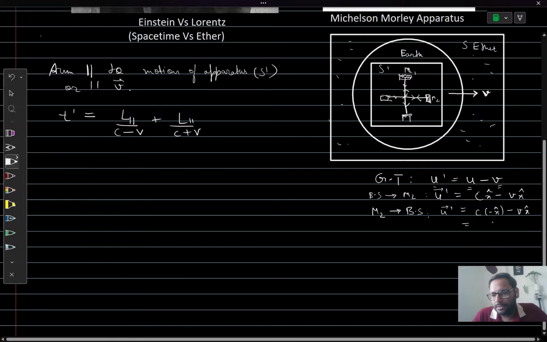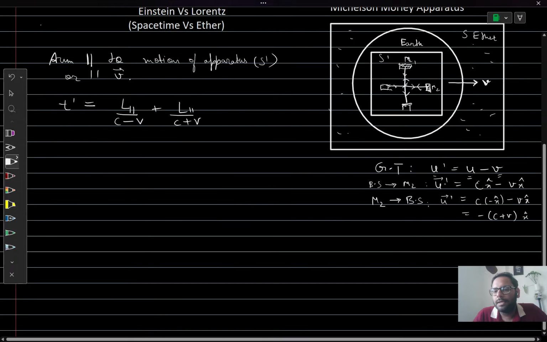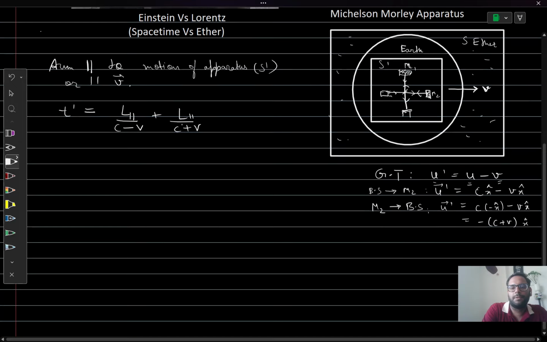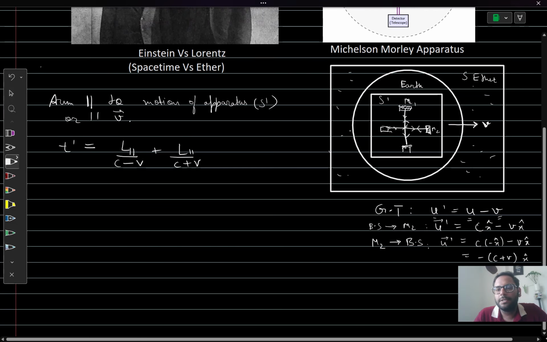So in this case you have C plus V in x cap, and in the other case C minus V in x cap. When you calculate the magnitude, you will find the first velocity is C minus V and the second velocity is C plus V. So this is the time measured in the S prime frame.